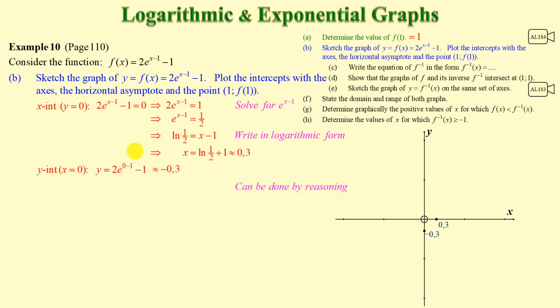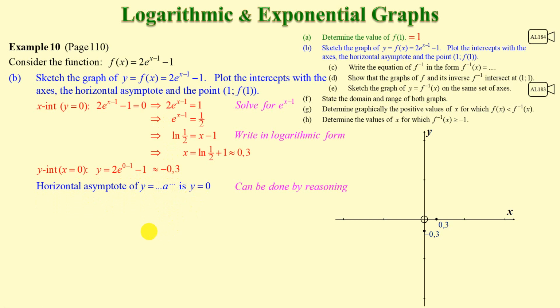Now we're going on to the horizontal asymptote, and you can do this by reasoning if you know your basic y equals e to the x graph. y equals e to the x is asymptotic to the x-axis. The horizontal asymptote of y equals anything a to the something is y equals 0, the x-axis.